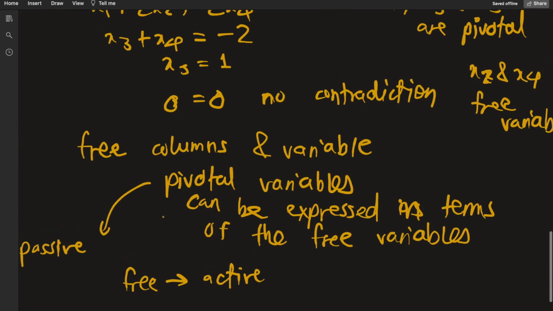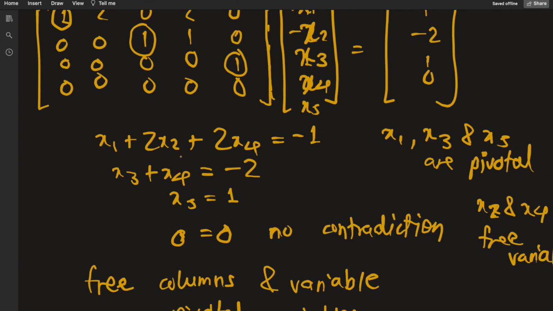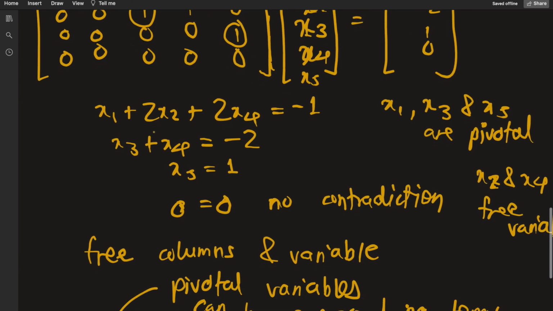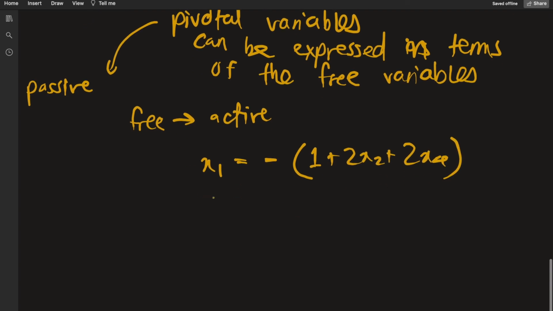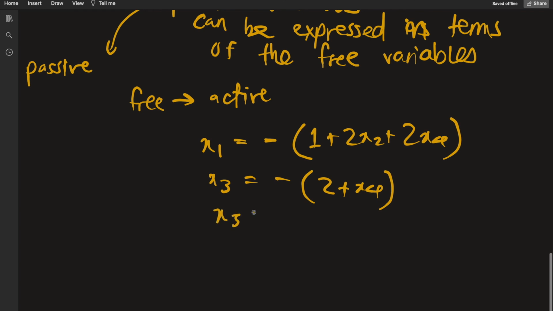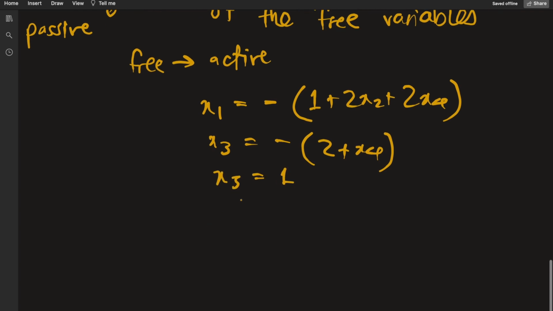It's pretty clear with these equations that we can isolate x1. So x1 isolated is just -1 plus 2x2 plus 2x4. x3 is -2 plus x4. x5 is just 1, and I'm going to let x2 and x4 be any real numbers.